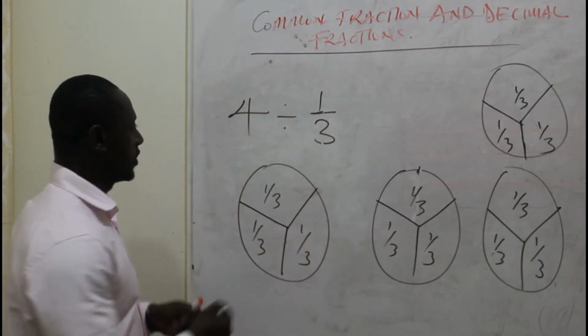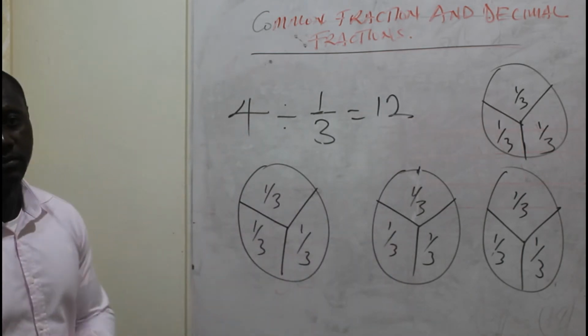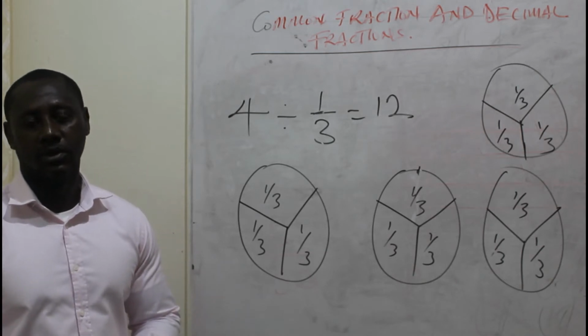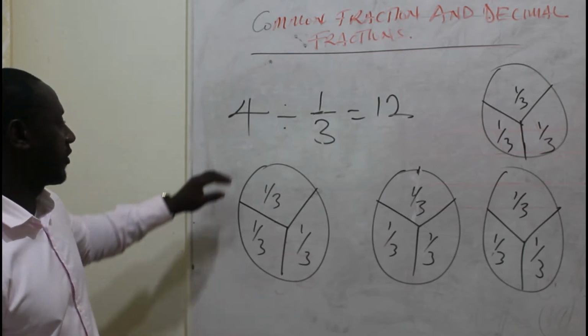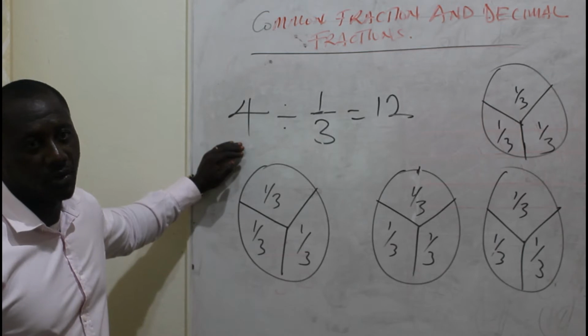So this is going to give me an answer of 12. If I ask how many 1/3 can be formed from 4, the answer is 12.